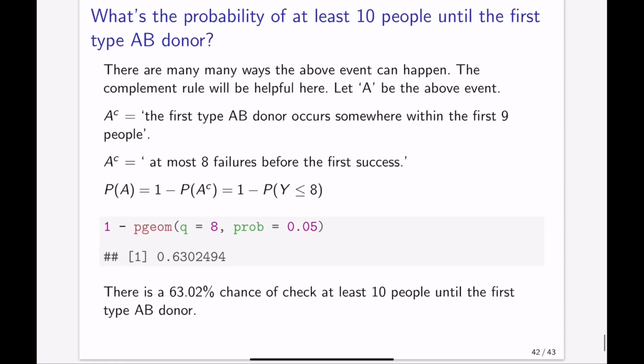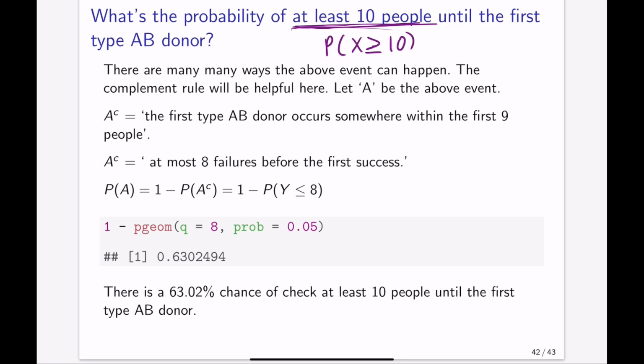So the next thing we'll look at is what's the probability of at least 10 people until the first AB donor. This is a different type of question. At least 10 is the probability that our total number is going to be greater than or equal to 10. And there are a lot of ways this could happen.